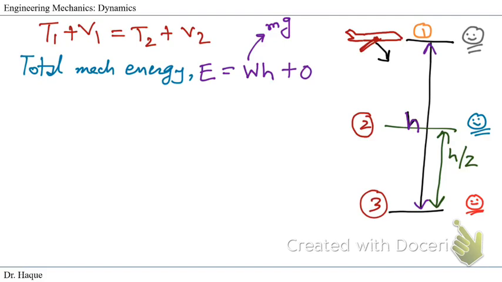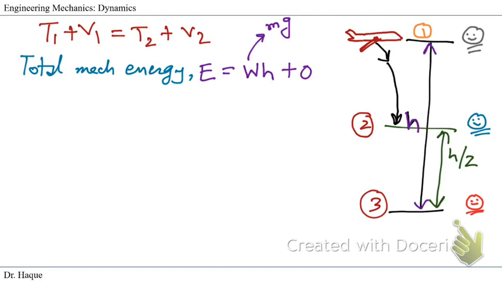Now assume that he jumped and he is falling, and now he is at position 2, where you have both the kinetic energy and the potential energy.